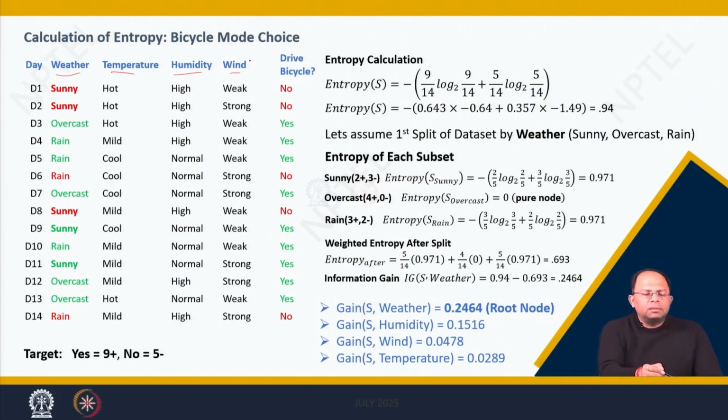On certain days the weather could be sunny, overcast or rainy. Temperatures could be hot, mild or cool, humidity could be high or normal, and wind could be strong or weak. We are recording this information, and then noting whether that person takes a bicycle for a trip.